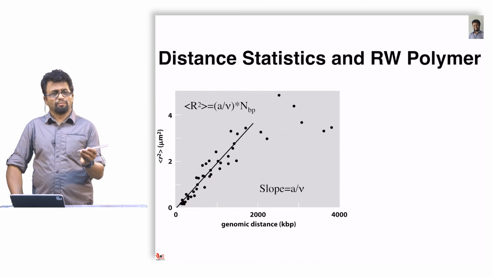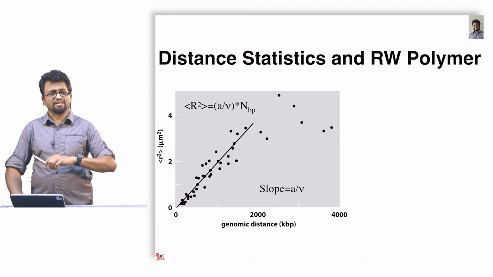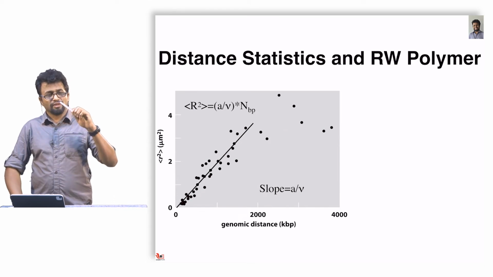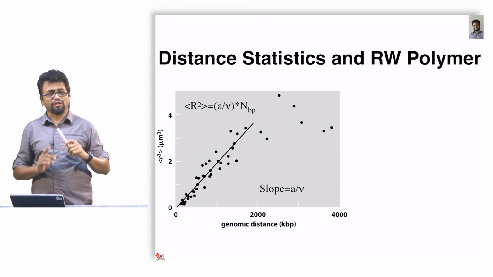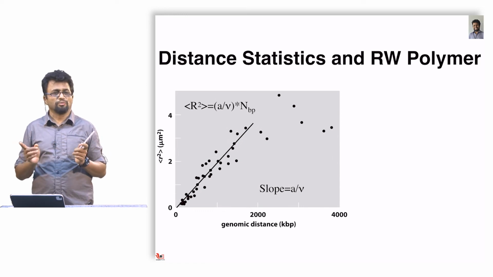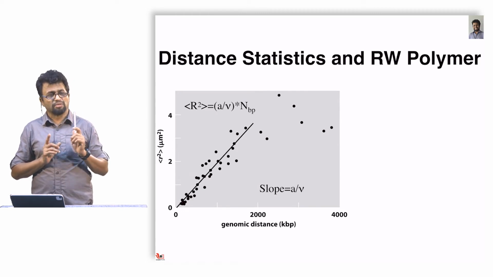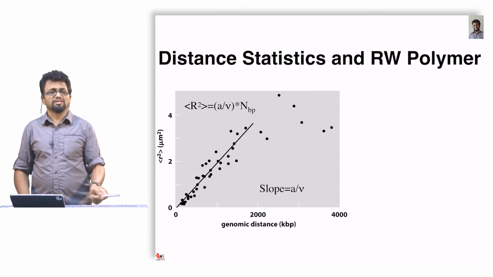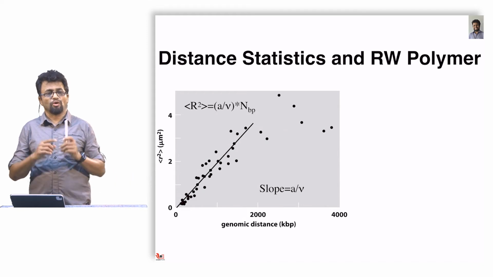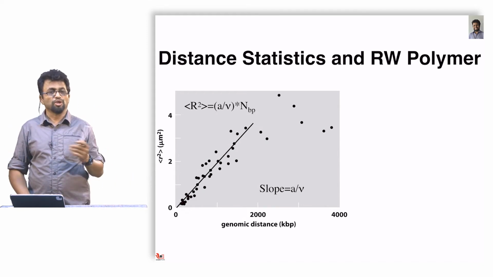I think you remember from our previous lectures that in random walk polymer statistics, the pairwise distance between two points on a polymer, or the two ends of a polymer, scales linearly not as r but as r squared with the distance between the contour positions, or genomic distance.